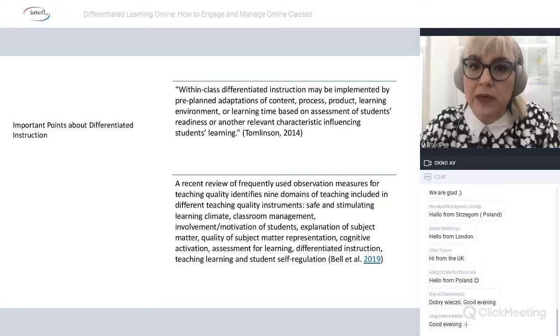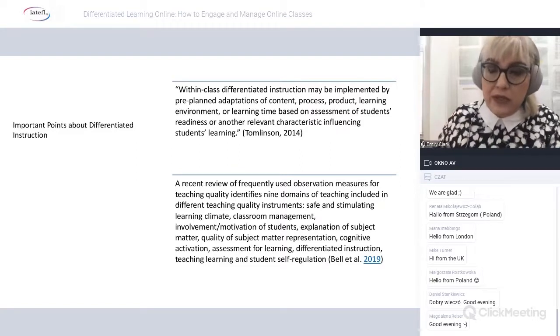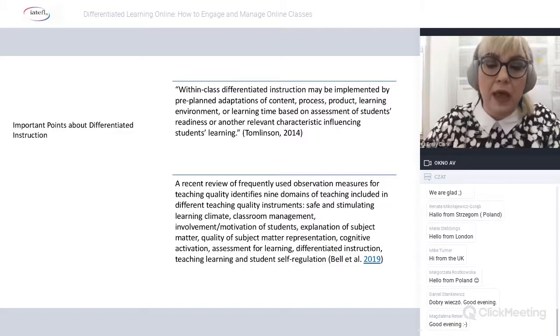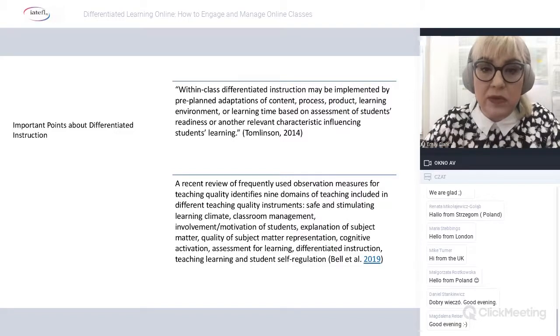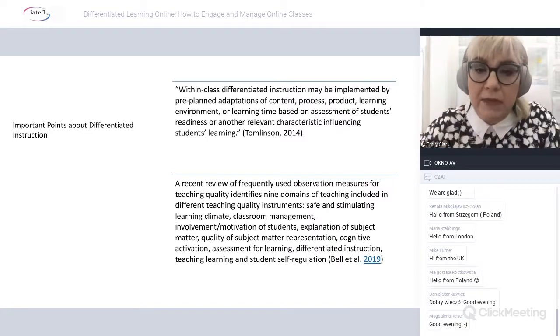Classroom management. So again, differentiated instruction goes into classroom management as a part of that. Involvement and motivation of students. Explanation of subject matter. So that of course makes sense. Quality of subject matter, cognitive activation, assessment, differentiated instruction, and teaching, learning, and student self-regulation.